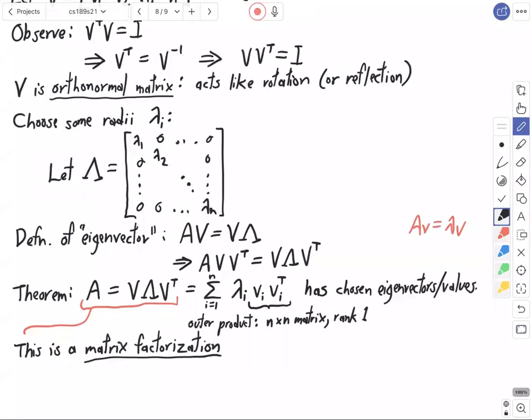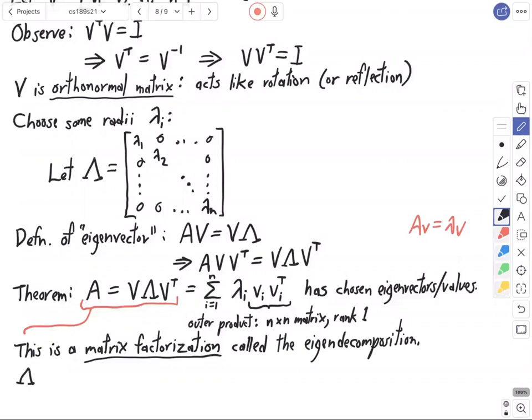There are lots of matrix factorizations, and this is a particular one called the eigendecomposition. Again, we're not going to prove it, but every real symmetric matrix has an eigendecomposition like this.